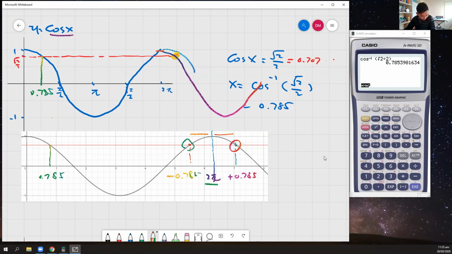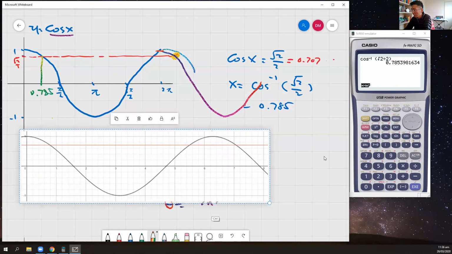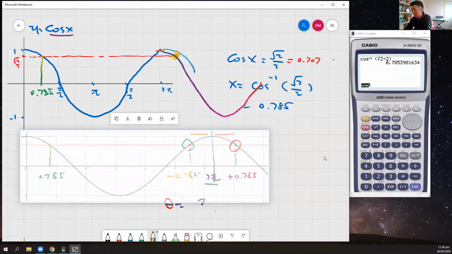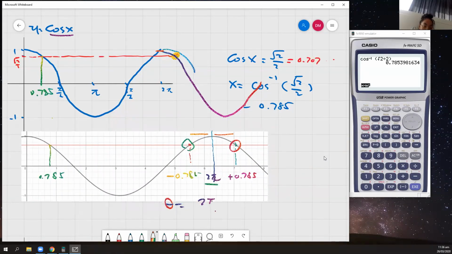So if you have a look at page 16, the third last line over here, we have theta equals 2 pi n. It should actually be written the other way around. It should really be 2 pi n, which means you can add any number of periods, and it will give you exactly the same solution.